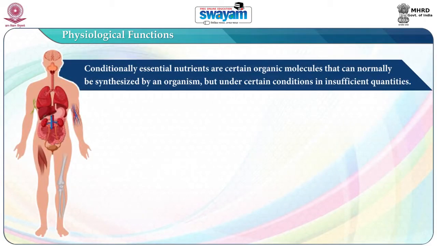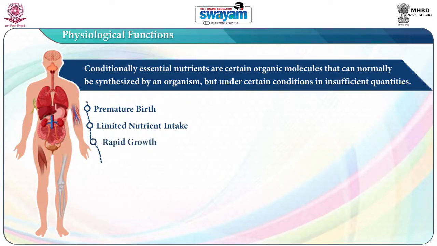Conditionally essential nutrients are certain organic molecules that can normally be synthesized by an organism, but under certain conditions in insufficient quantities. In humans, such conditions include premature birth, limited nutrient intake, rapid growth and certain disease states.